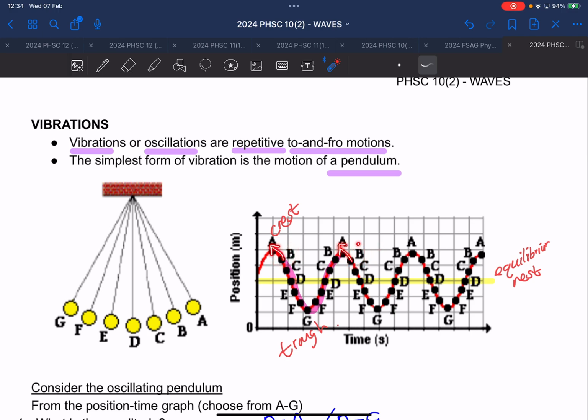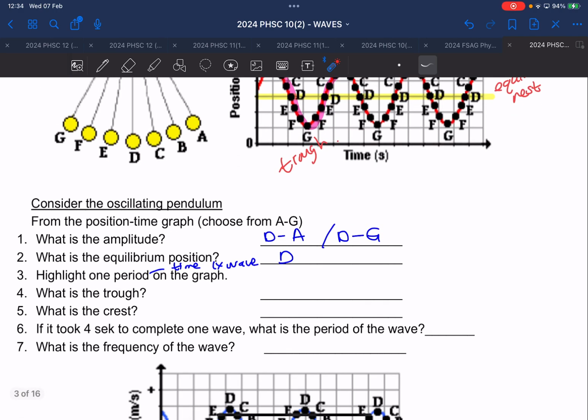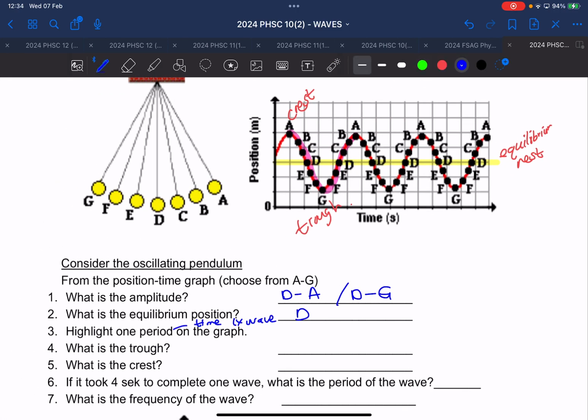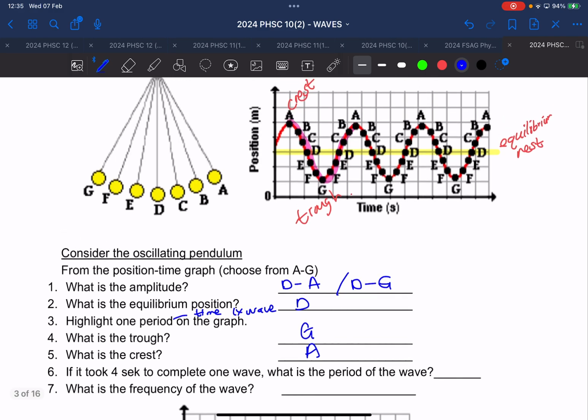Okay. Then they ask, what is the trough? Le Sejo? G. And Talifu, what is the crest? A. Then it says, if it took 4 seconds to complete one wave, what is the period of the wave?